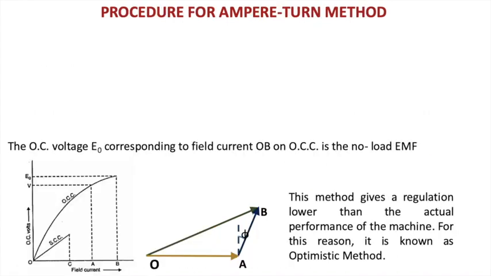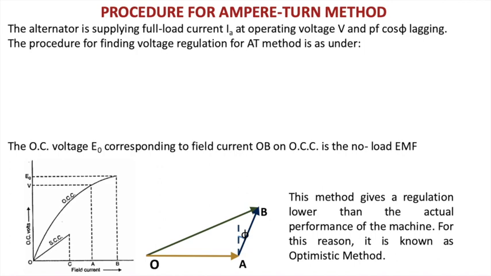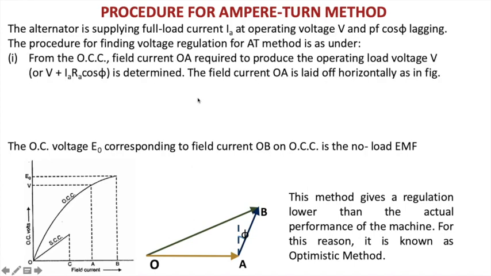Now what is the procedure for the ampere turn method? We have got the OCC and the SCC characteristics. So the alternator is supplying full load current IA at operating voltage V and power factor cos phi lagging. So the procedure for finding voltage regulation by the ampere turns method is as under.